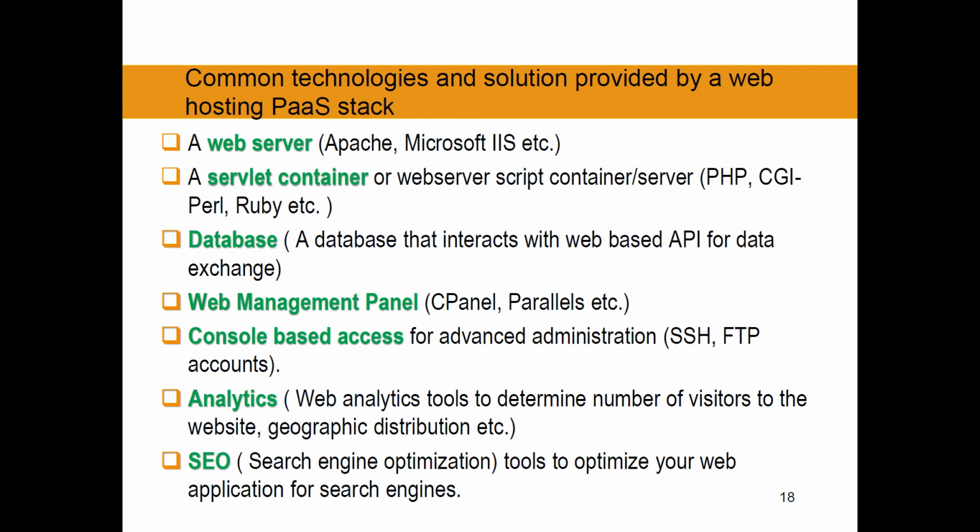Nginx. For containers, normally they will use Nginx, a lightweight one. For a CMS, content management system, like Joomla, WordPress, they're using a web server like Apache. It's considered PaaS as well.